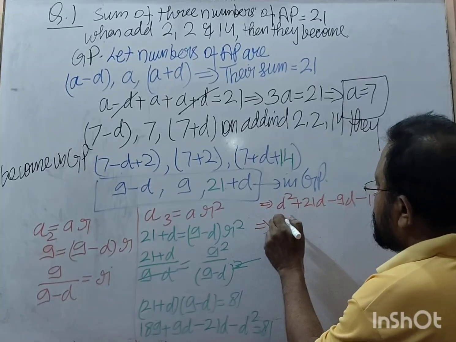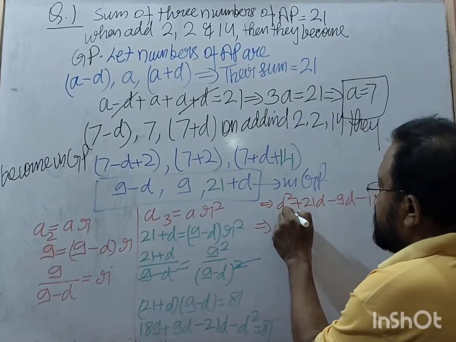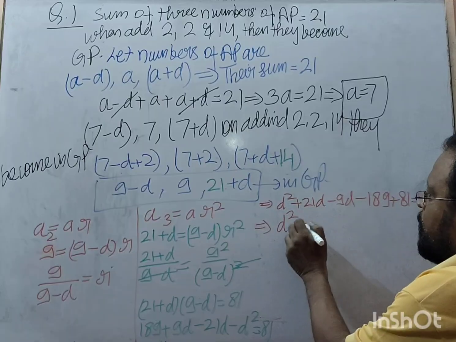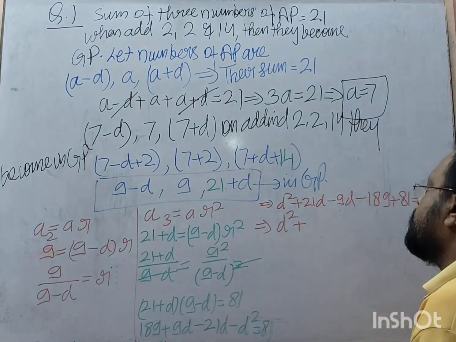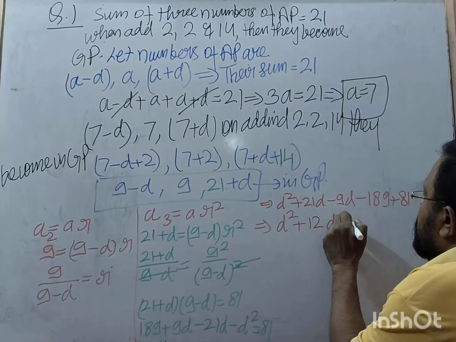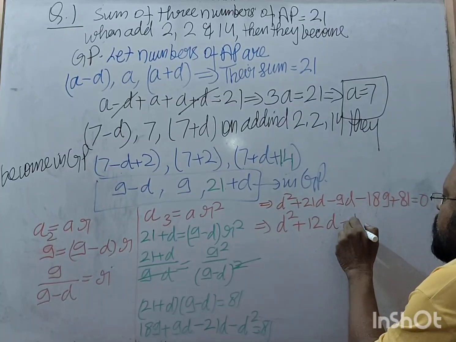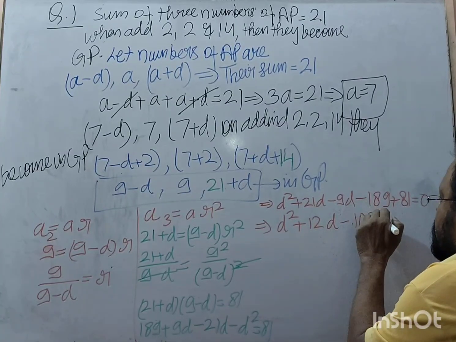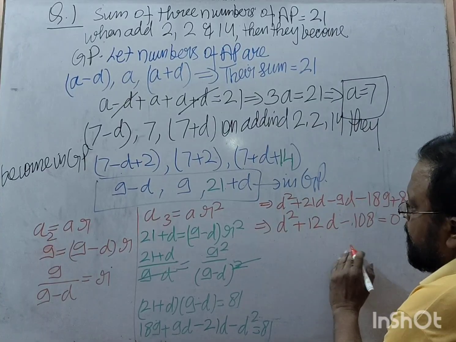So it is d square plus 12d minus 108 is equal to 0.